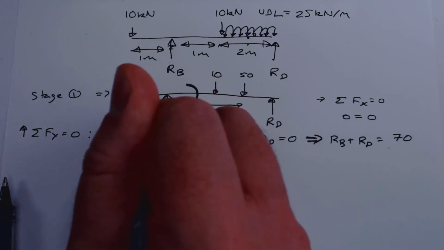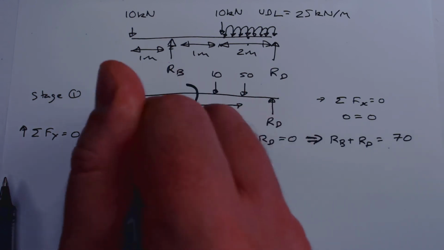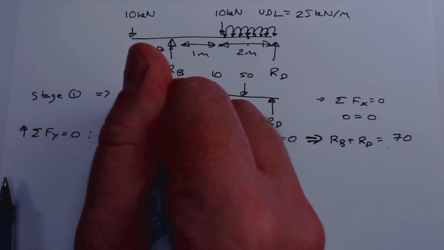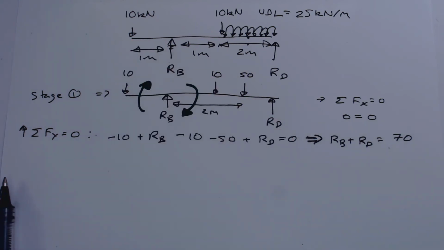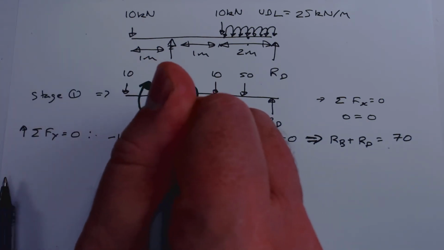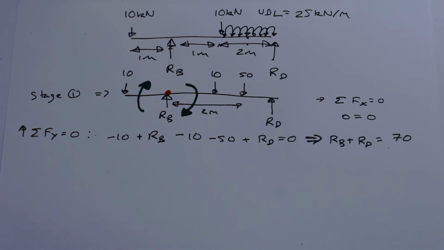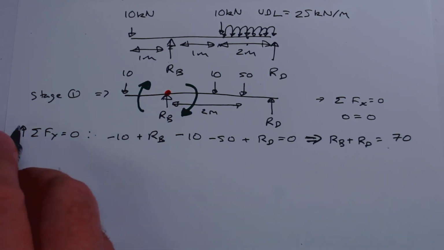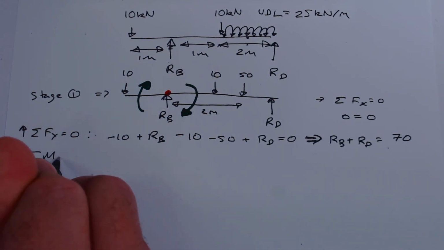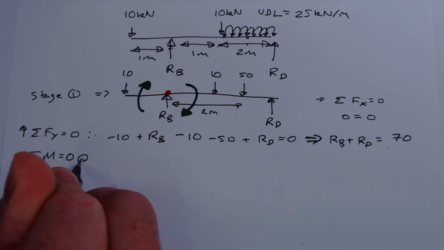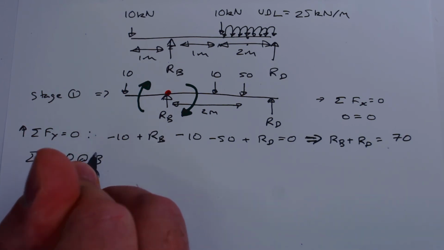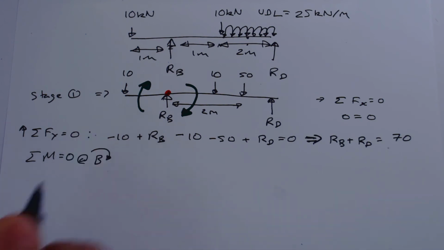So we go around there, and then we'll come up here like a clockwise arrow. Right, so I'm going to take moments. I'm going to tell you where I'm going to do it: at B, and I'm going clockwise.